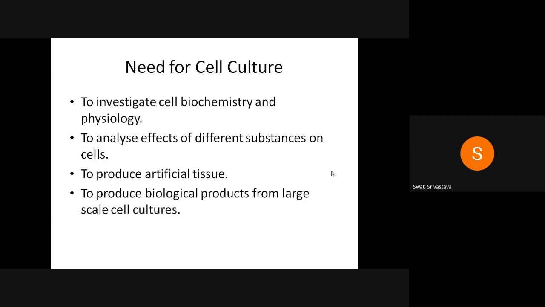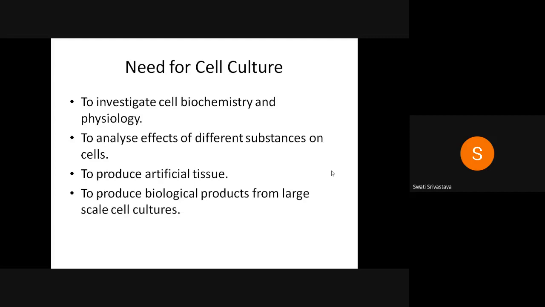In that condition, you need to produce insulin in large quantities, and also that insulin should be compatible with the human body system. So, in that condition, you can culture these cells that particularly produce insulin in cell cultures, and you can multiply the number of cells.